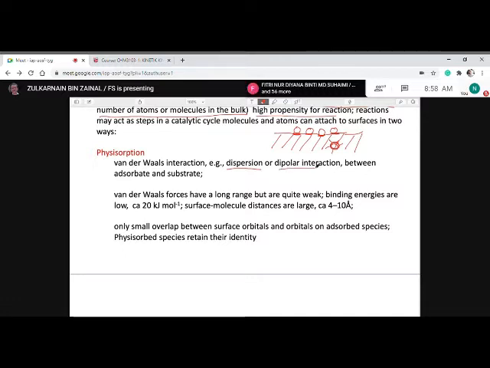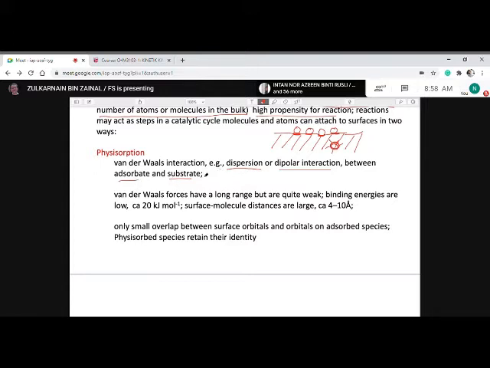Polar interaction is also considered physical adsorption between adsorbate and substrate, right?